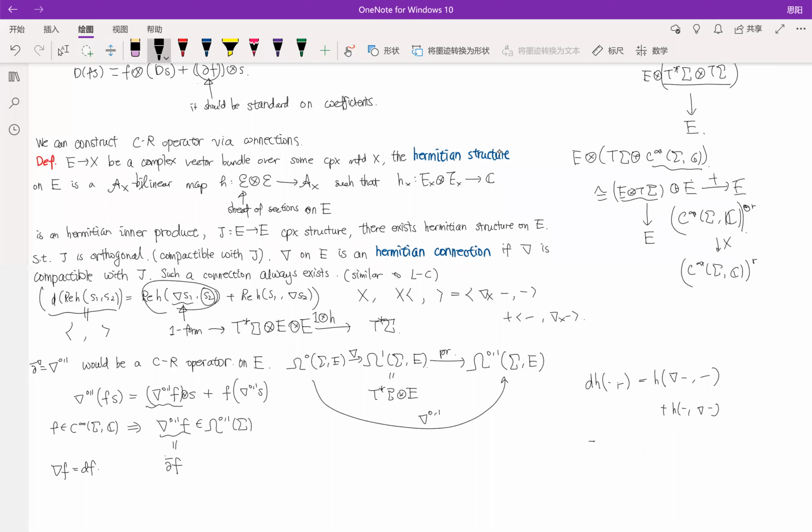So, it should be equivalent in the way that the connection. Yes, it is a very fatal question.